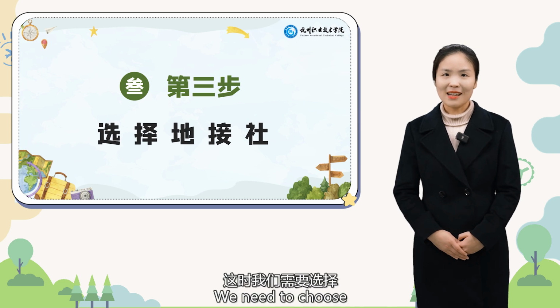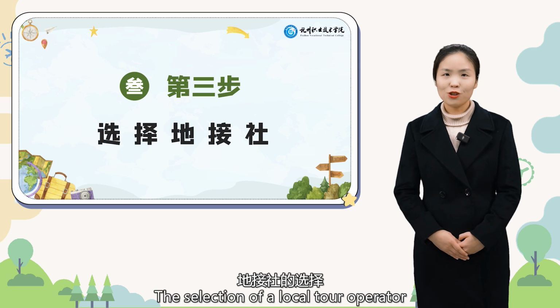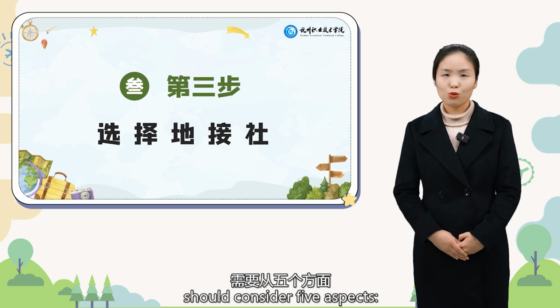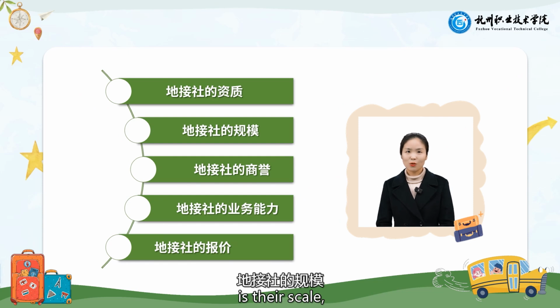We need to choose a professional local tour operator. The selection should consider 5 aspects. First is the operator's qualifications. Second is their scale. Third is their reputation. Fourth, their business capacity. And finally, their pricing.